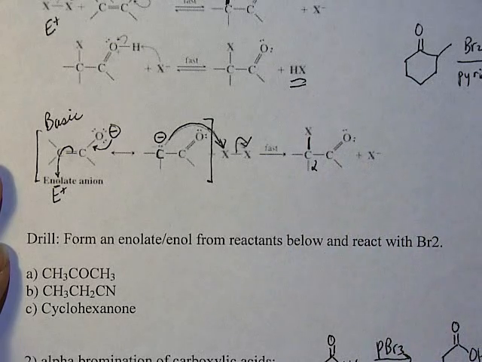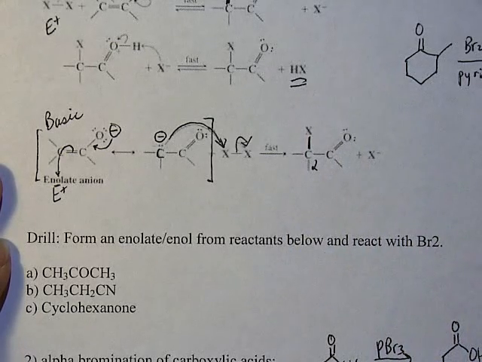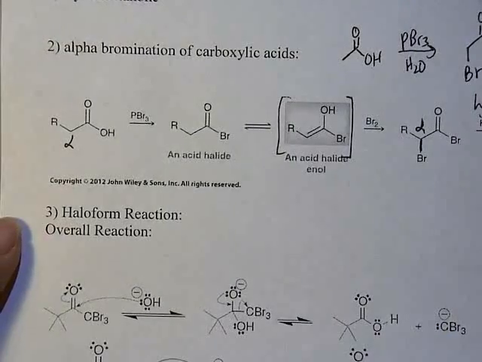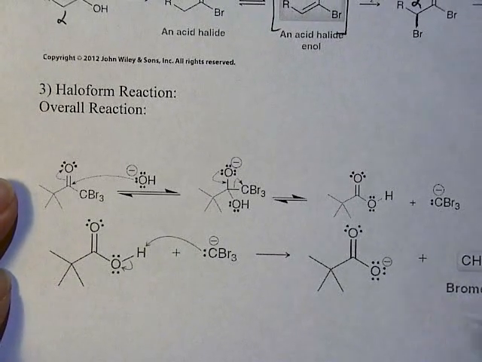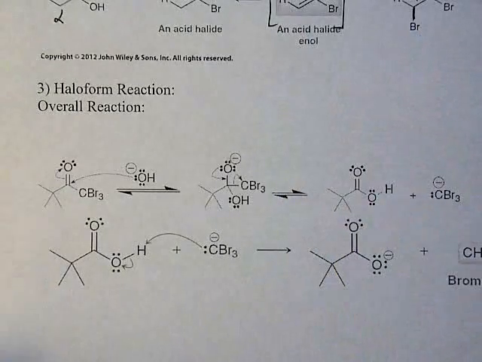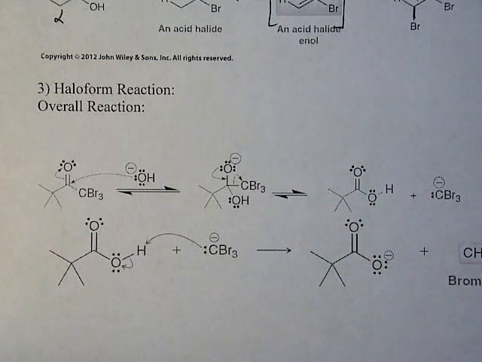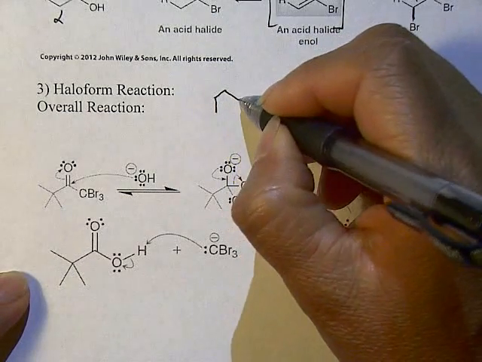All right. So an example of the basic halogenation reaction is the haloform reaction, as you see down at the bottom as the third reaction. The overall reaction for haloform is that whatever carbonyl you have, you're going to halogenate it at the alpha proton.